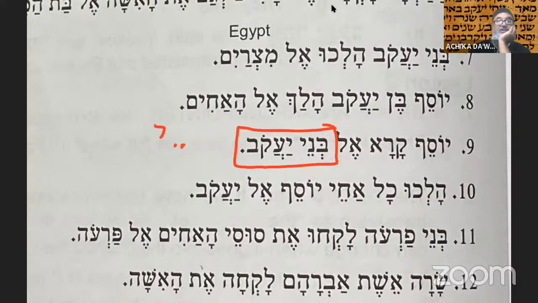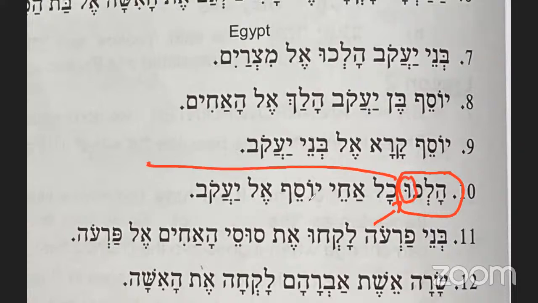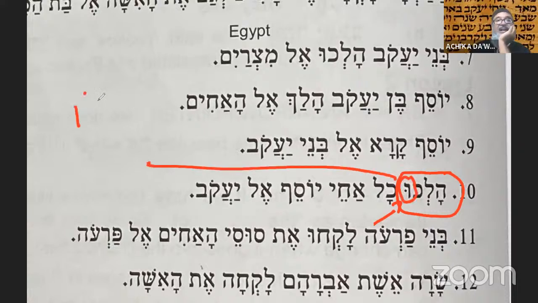Okay. And what did they do? Where's they in this word? How do I know what's they? What letter? The u. So that's halak, meaning they went, but the u on the end, halaku, means they.